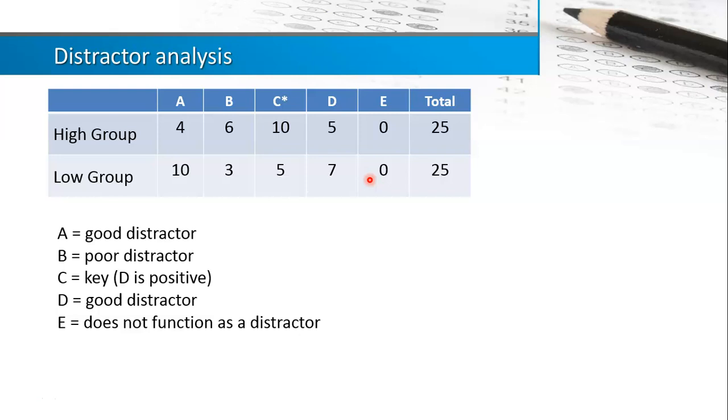So you have to repair this item. For me, you have to repair E and you have to repair B. Then you can keep it for your next test.